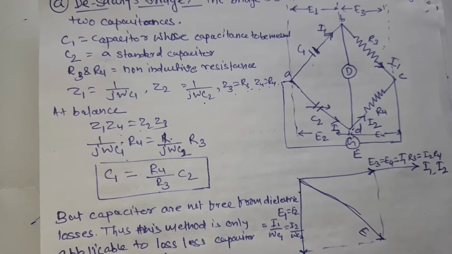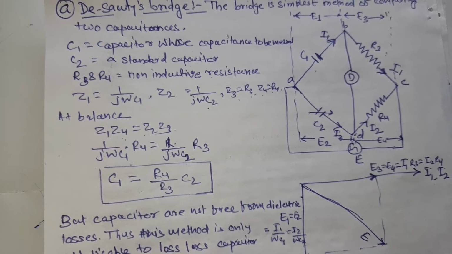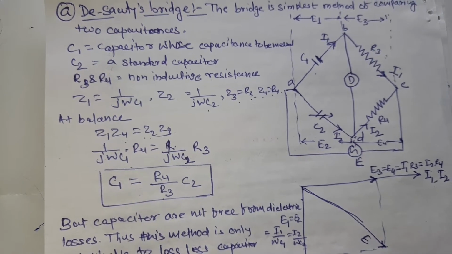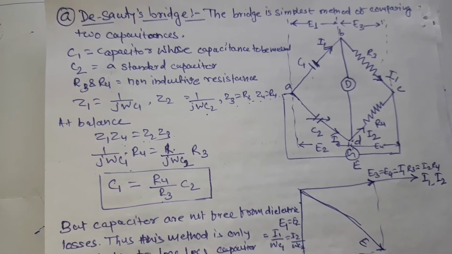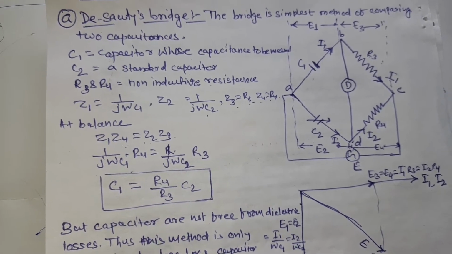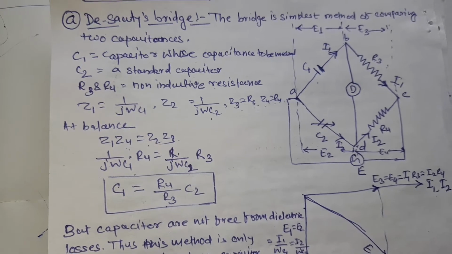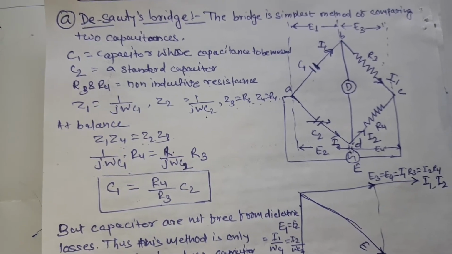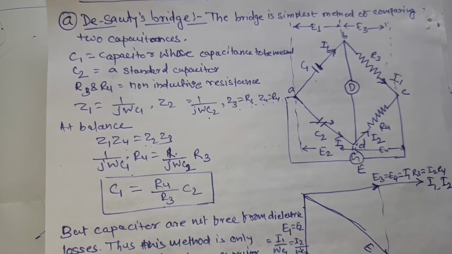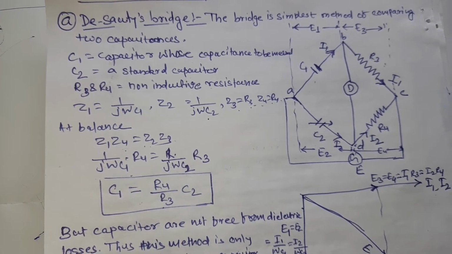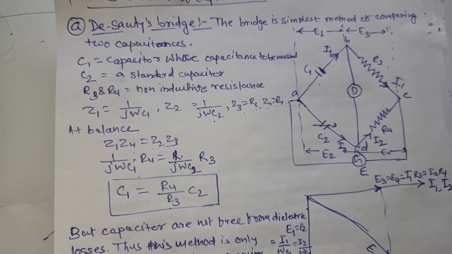Practically this method is not applicable for capacitors having a different type of dielectric material, because in case of dielectric material, each capacitor has some internal resistance. So this simple method is applicable only for the measurement of lossless capacitor or air core capacitor.